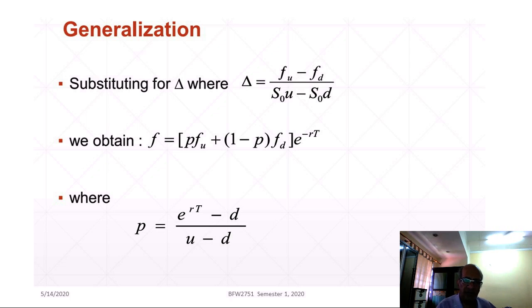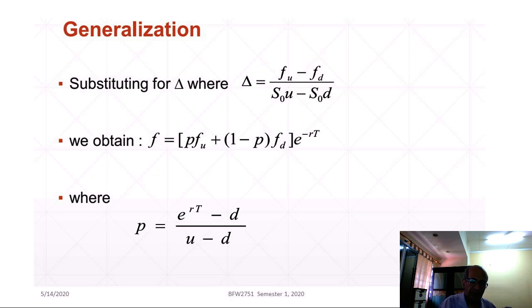So substituting for the delta you found just now, that is delta equals up function minus down function divided by up price minus down price, we obtained how to calculate the value itself. This small f is the value which we are trying to look for at every starting point, and at the expiry point if it's a one period binomial.